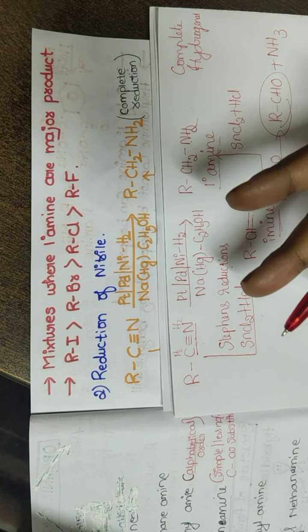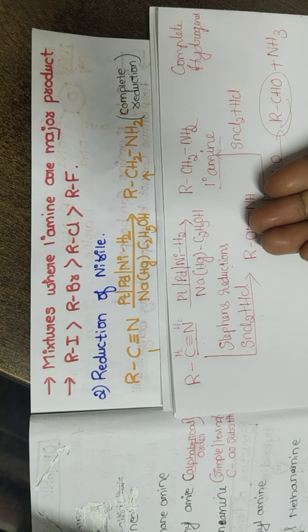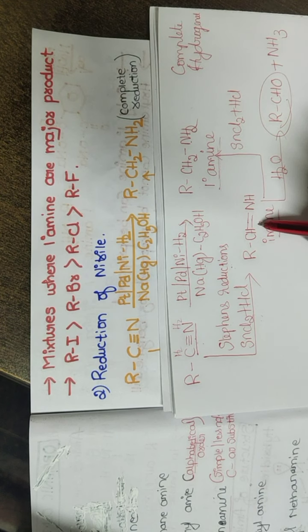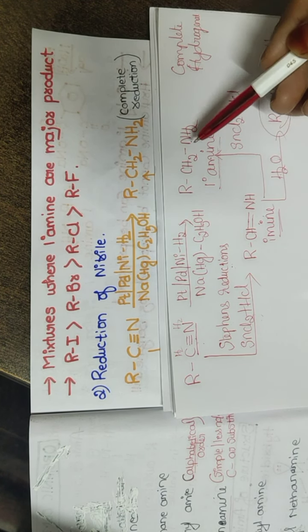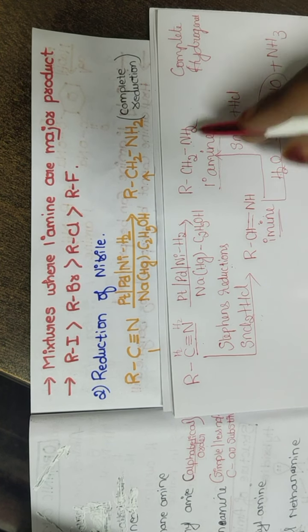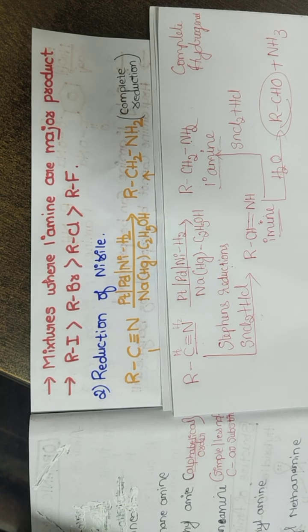If I have 2 bonds, only 1 bond will be broken and converted into a lower form. So the triple bond will be converted to a double bond. Again, if I do a Stephen's reduction, the double bonded compound will be converted into a single bond. That means I have to do a 2-step reaction to end up with a primary amine. So this is regarding reduction of nitrile.